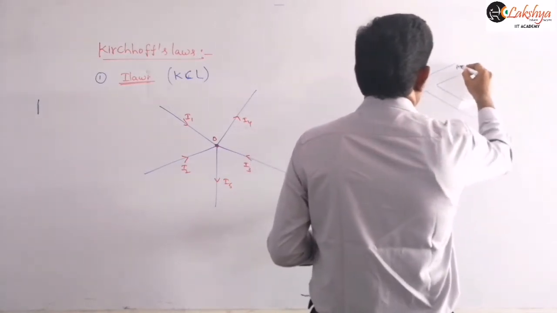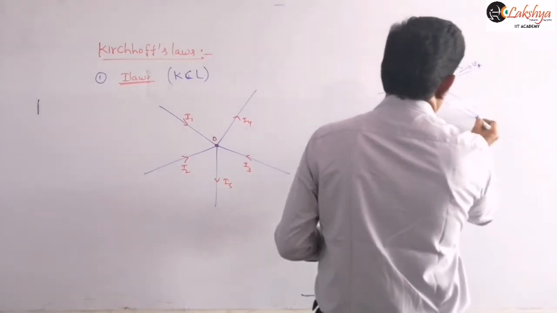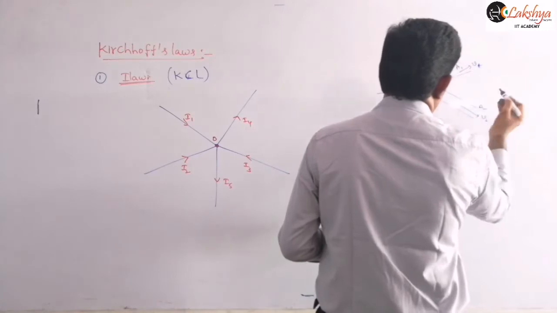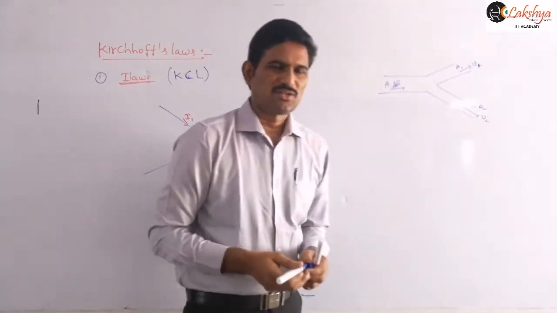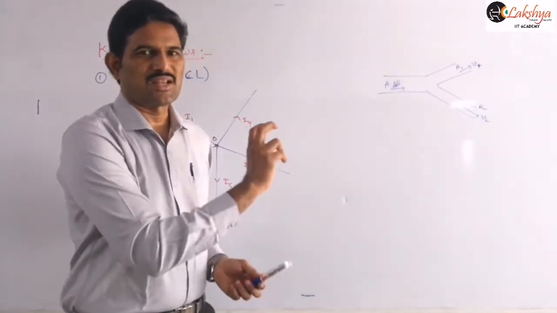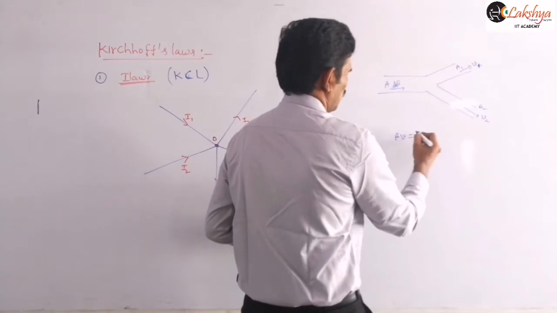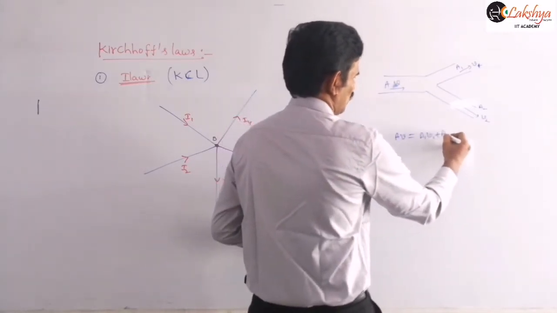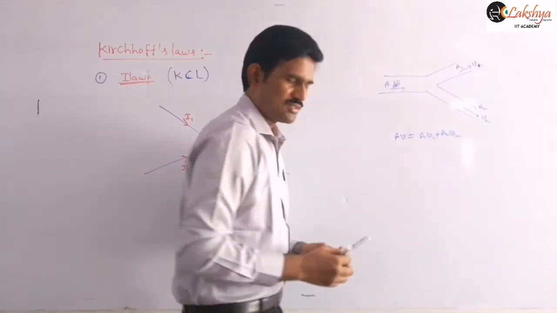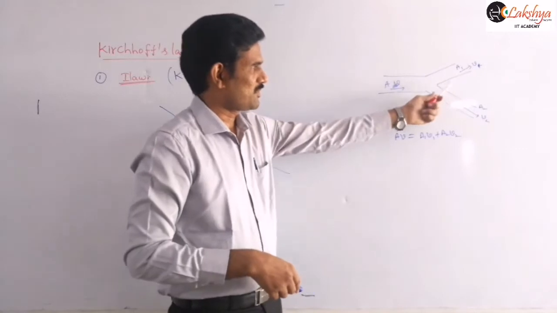Suppose this is A1 with velocity V1, and this velocity is V2 and the area of cross section is A2. Then that fluid current is what we name the rate of flow of fluid. We can write AV equals A1V1 plus A2V2, right? So the net rate of flow is the rate of flow through this pipe and through this pipe.